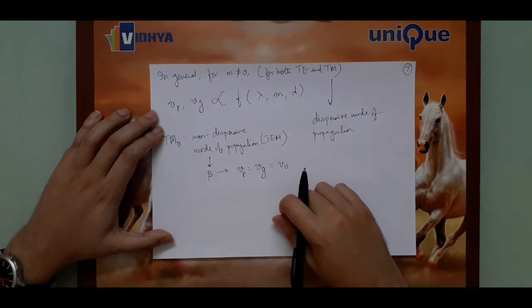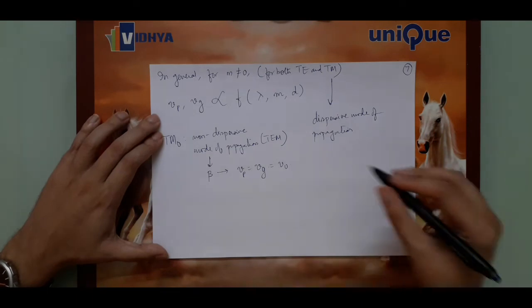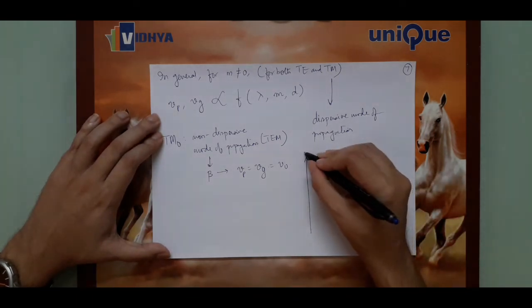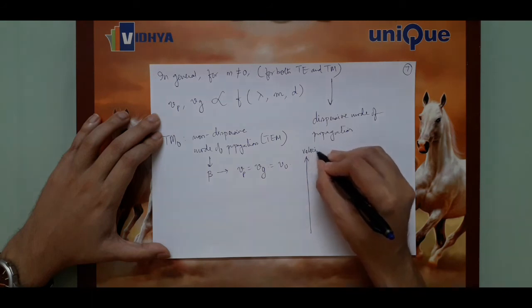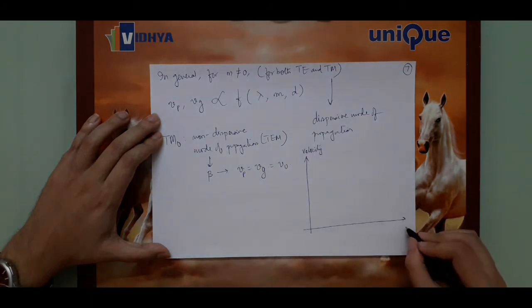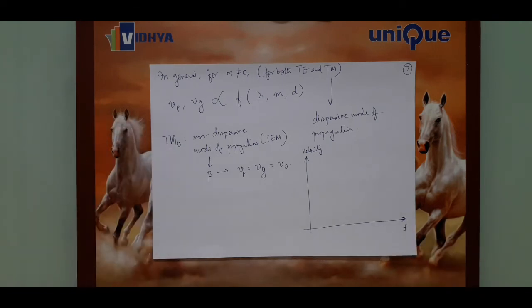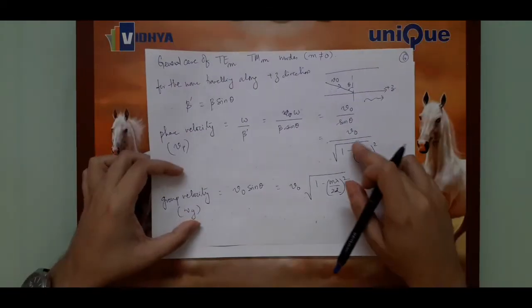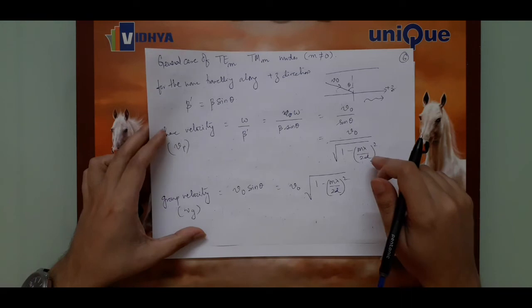So now if we try to plot a graph of velocity versus frequency, let us look at what we had derived just a few minutes back.